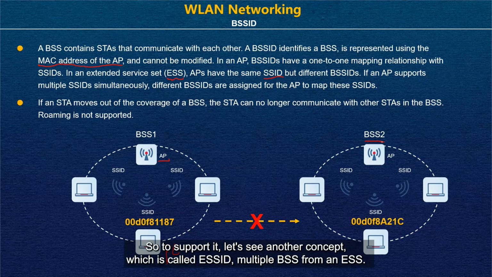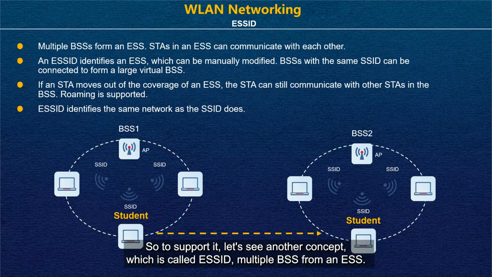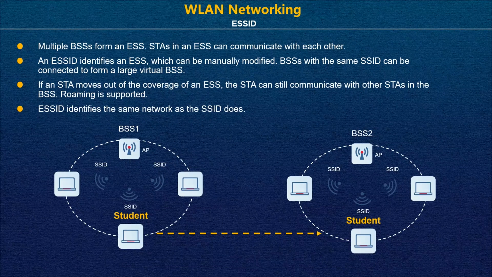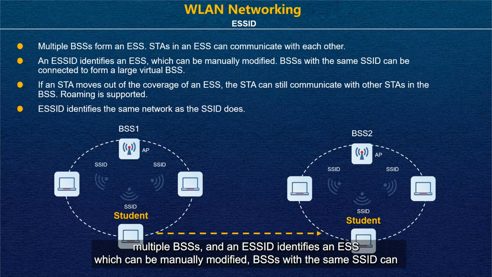So to support it, let's see another concept, which is called ESSID. Multiple BSSs form an ESS. STAs in an ESS can communicate with each other. So an ESS contains multiple BSSs. Okay, and an ESSID identifies an ESS, which can be manually modified.